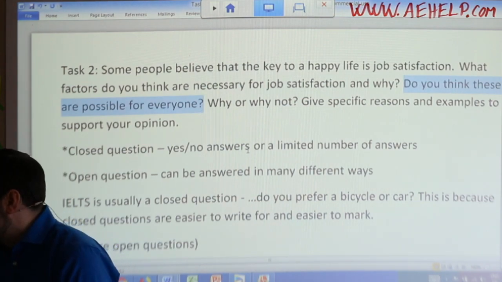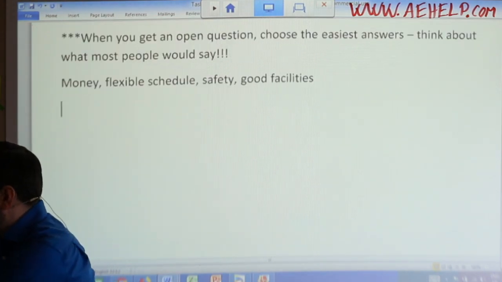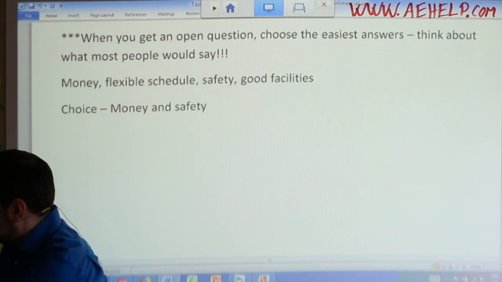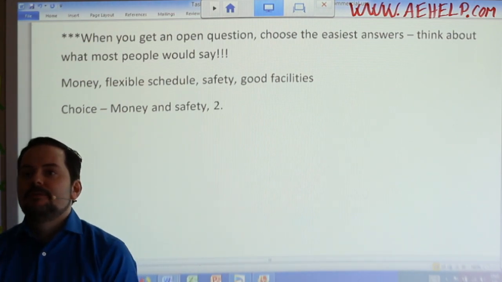So here our choices are money and safety. That's the first part of our answer, right? And then our second part is, is it possible for everyone?